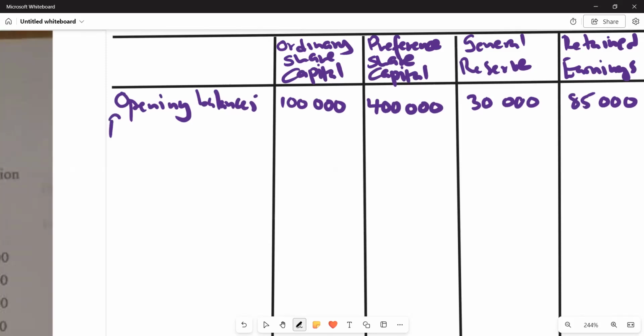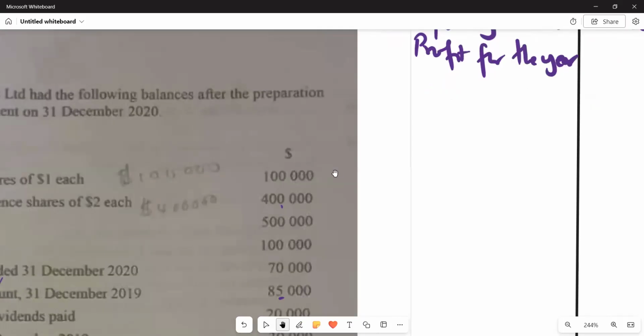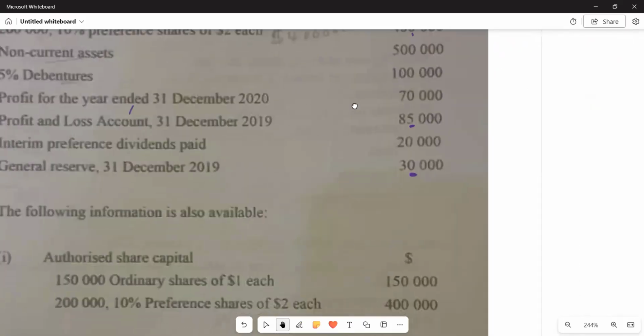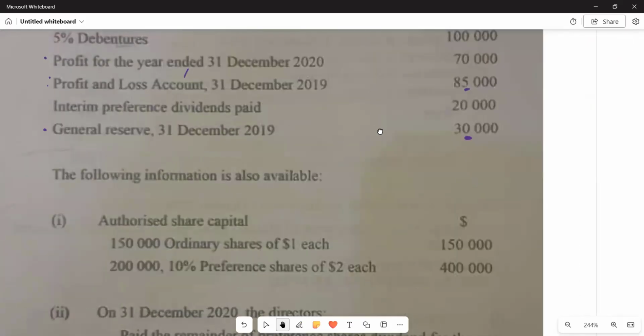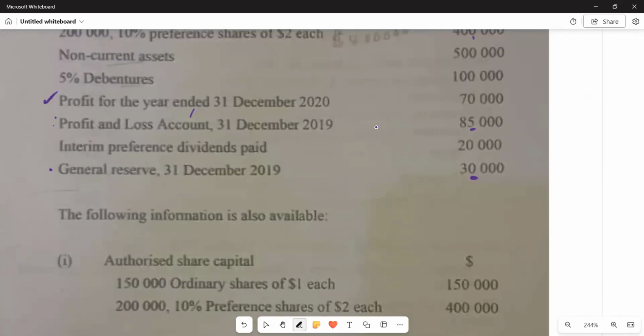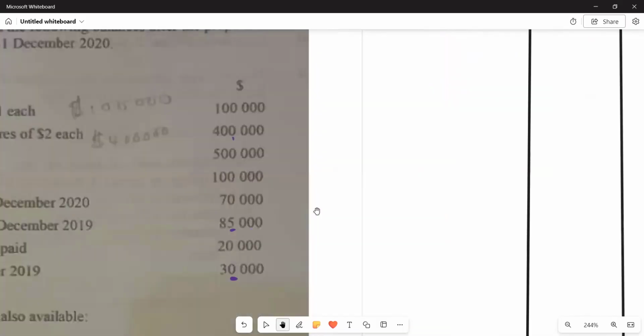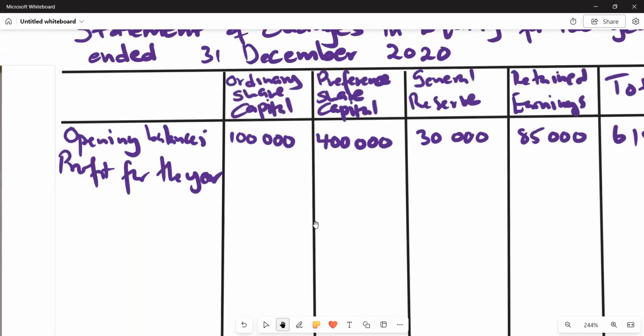Having done that, now we are supposed to add our profit for the year. So we go to the question and try to find out about that profit for the year. Remember, we've got a figure that we are given there, profit for the year ended 31 December 2020, 70,000. So we can go back and put our profit for the year.